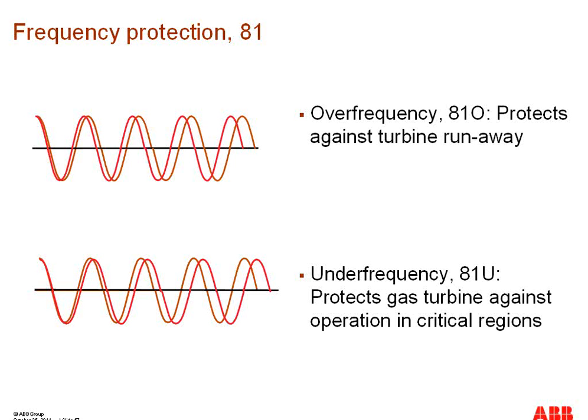And also, this function can be either a definite time or a voltage magnitude dependent time delay, which means that the higher the voltage, the longer will be the time. This function is also supervised by an under voltage function and is blocked if the voltage is below the set threshold value.